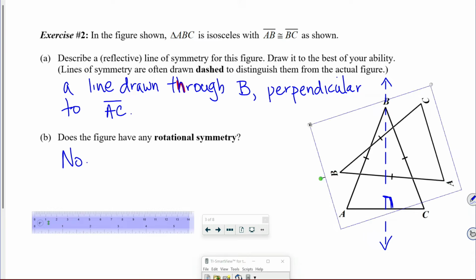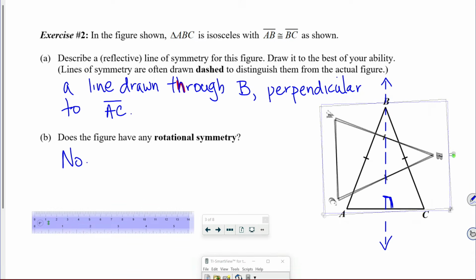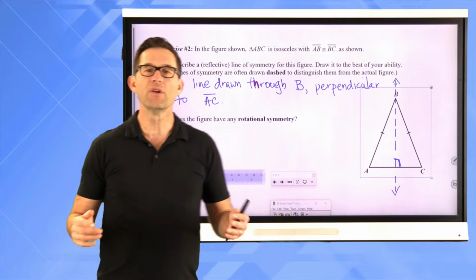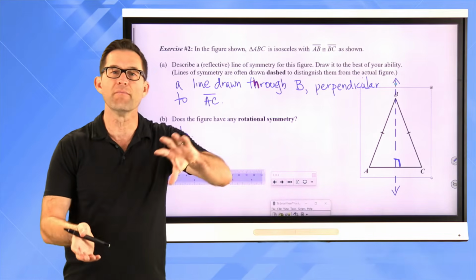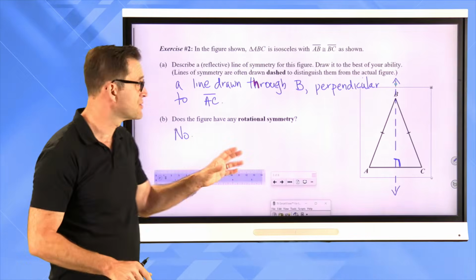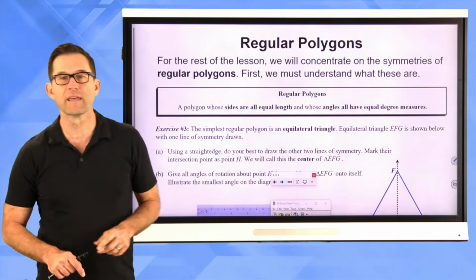What I'll see is that no matter how much I rotate it, unless I rotate it an entire 360 degrees, which really doesn't count, right? Then there is no angle of rotation that is going to make it fall on itself. Okay, so the answer is no. All right, let's keep going.